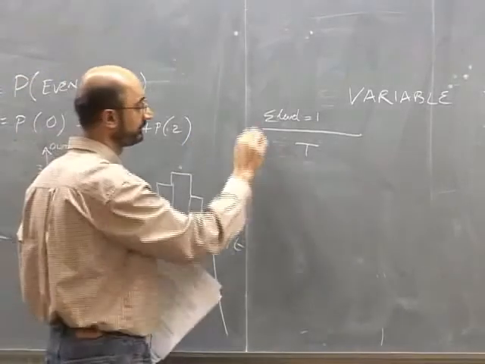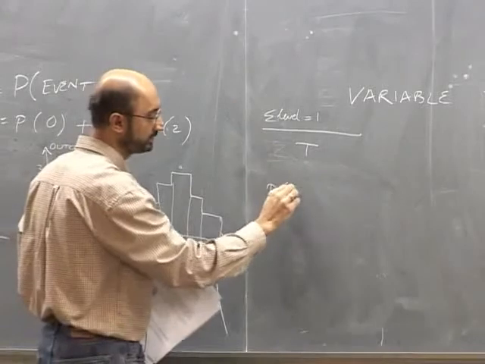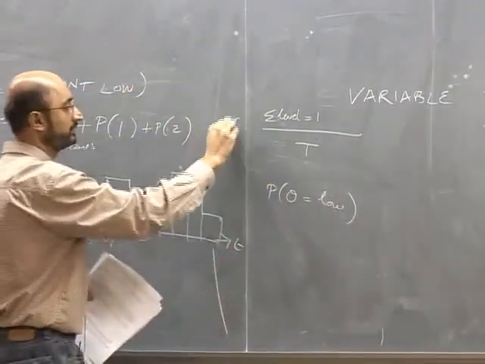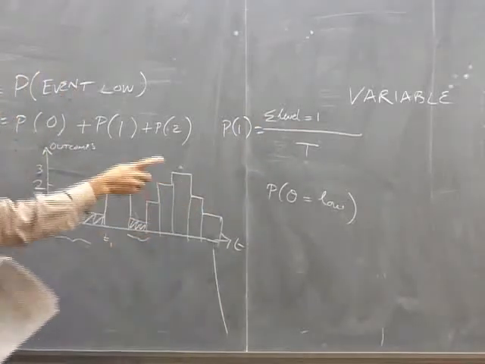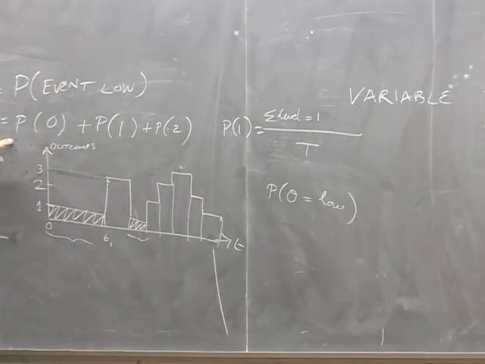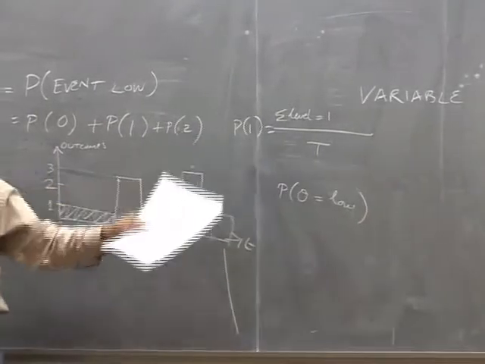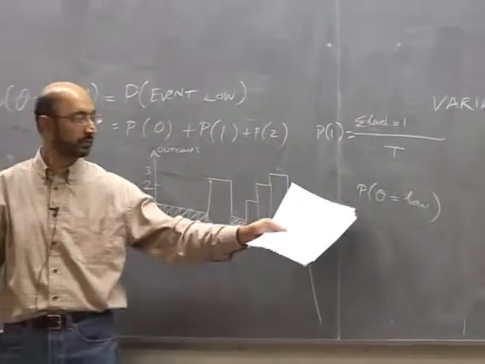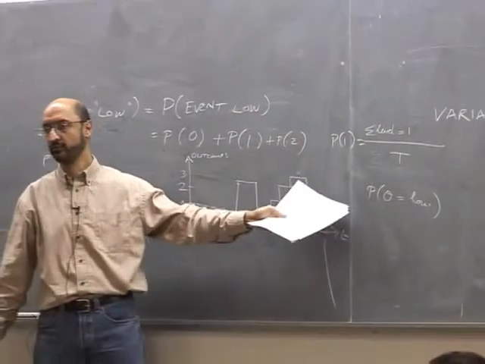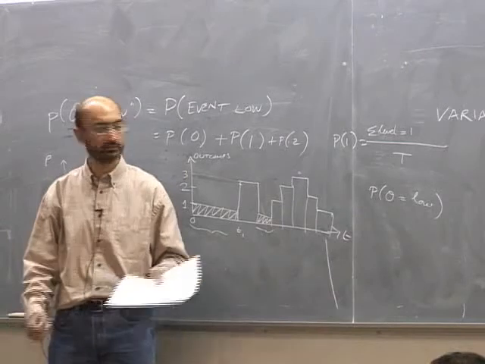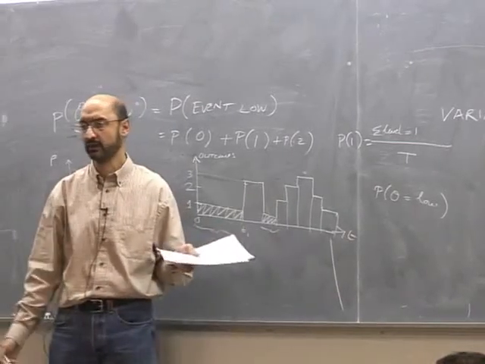So the probability that O is equal to low is going to be what? This we'll call P1 equals this, and then we have similarly P0, P1, P2. We compute P0, P1, P2 in this way, and that gives you the probability that the occupancy is low, and we do the same thing for medium and same thing for high. So that should be the answer that you have.